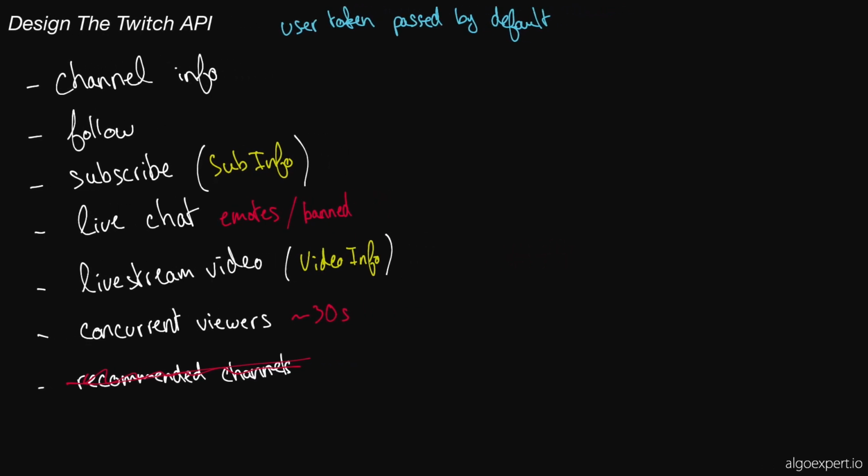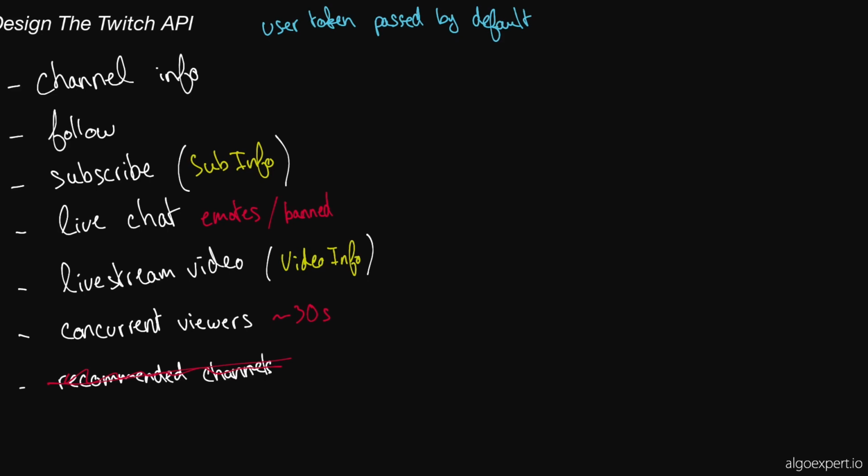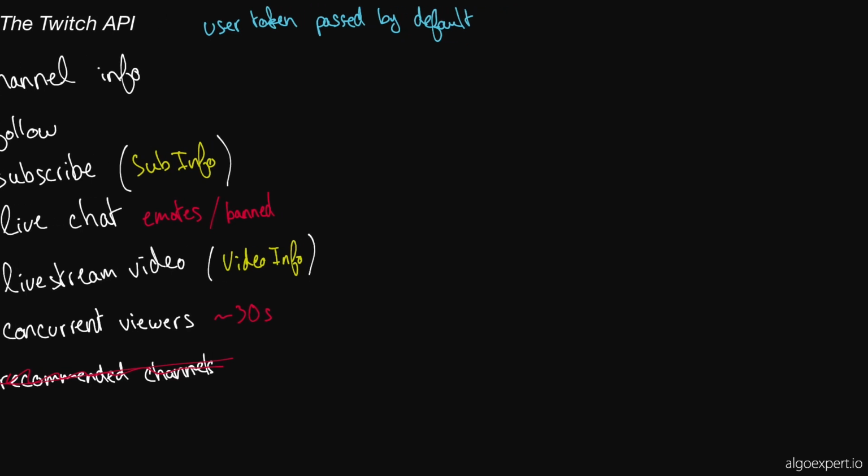Let me give myself a bit of space here, and I will write these endpoints, maybe in red. This endpoint will be very straightforward, because all it's doing is getting descriptive information about the channel, and this is going to be called once when the page loads, and it's going to be used to display all that information.